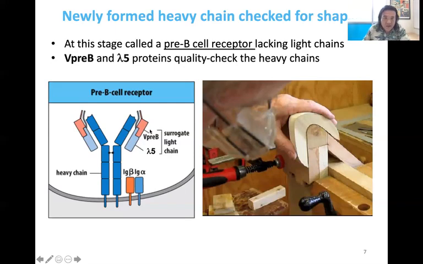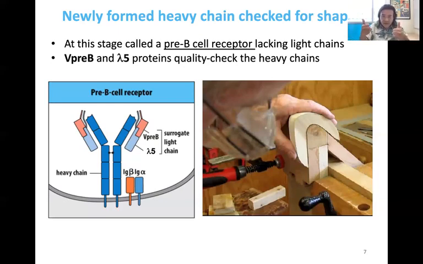These V pre-B and lambda 5 proteins basically come together and form like a fake light chain, in a way. They are the right shape to fit along the heavy chain. And if they fit nicely, it's like a little template, a little mold that the B cell is seeing. If these fit, then they will be put into the right conformation where they will signal the B cell that, hey, this looks good.